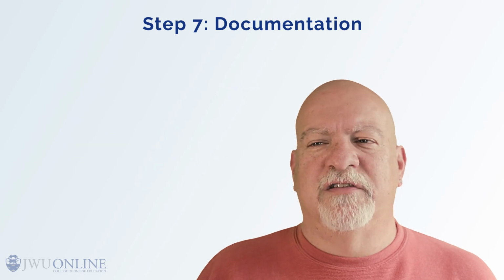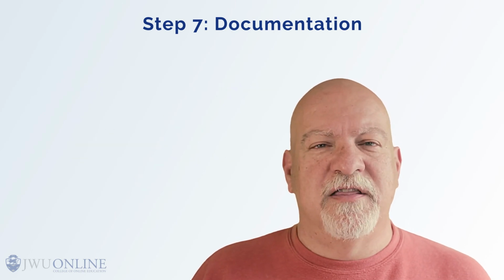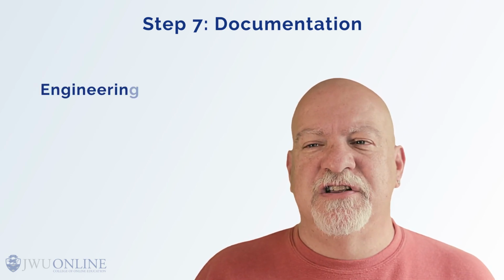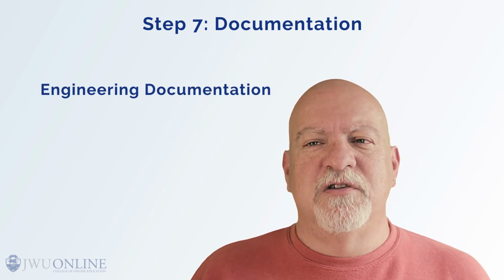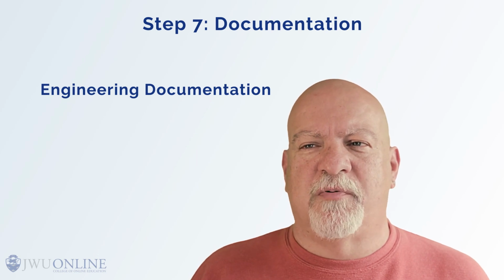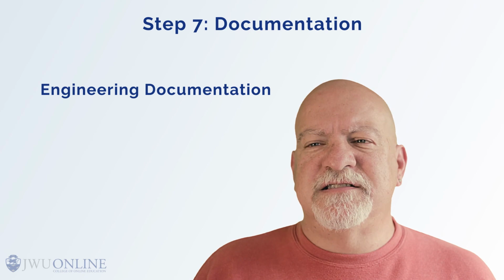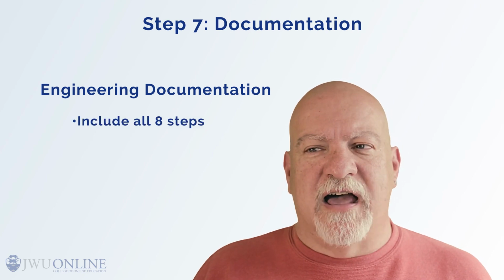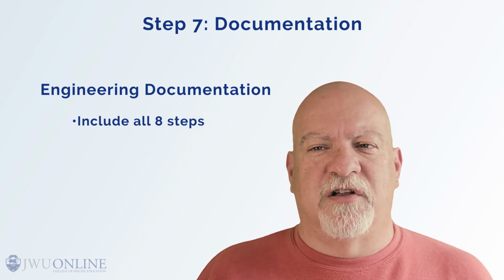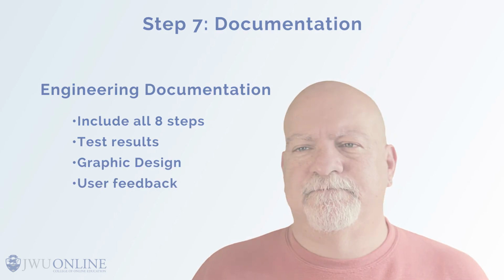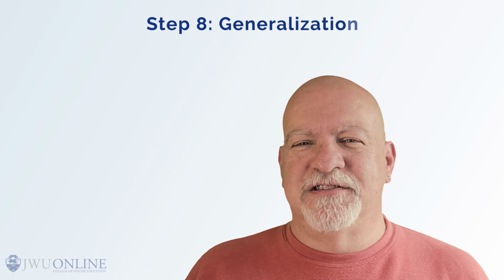It is also necessary to take all of the steps in this process that we've done so far and create a precise engineering set of documents that can be used to preserve and troubleshoot the project or improve the product down the line. These documents would include all 8 steps and would often include the results of test data, graphic design, and user feedback.